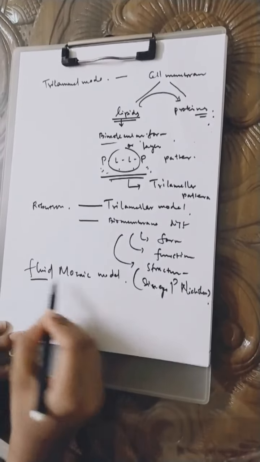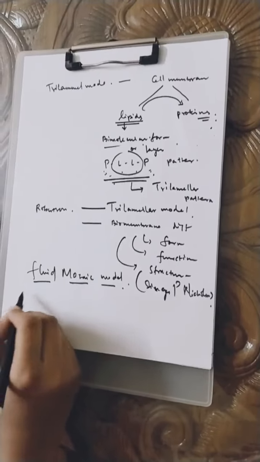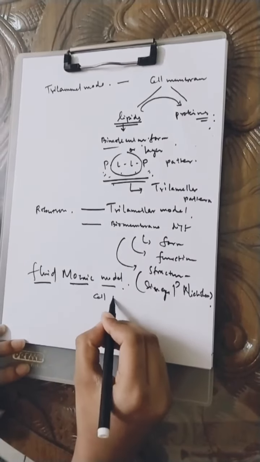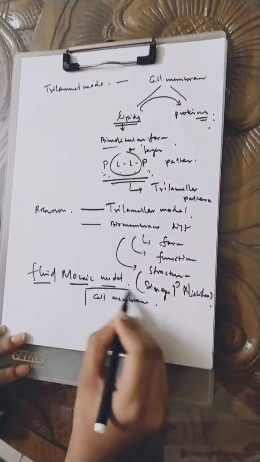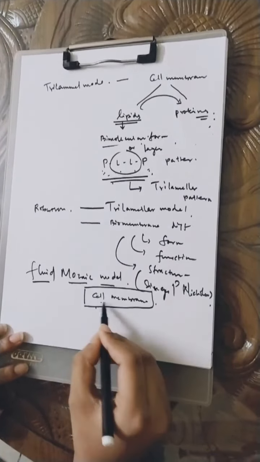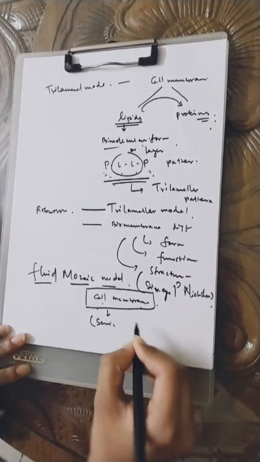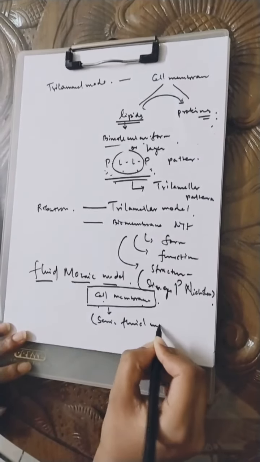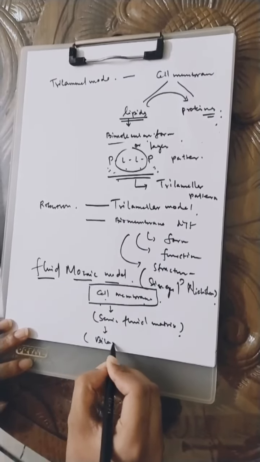So what exactly is the fluid mosaic model? When we come to the structure of the cell membrane, or plasma membrane, or plasmalemma, the cell membrane is a semi-fluid matrix. It is a bilayered structure.